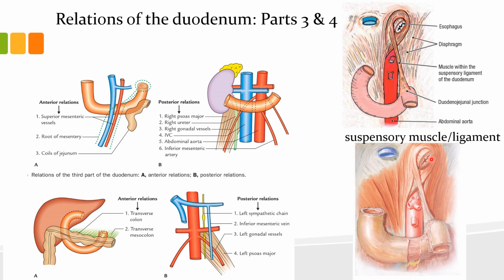This is known as the suspensory ligament of the duodenum, and in some people it contains muscle fibers, so we call it the suspensory muscle of the duodenum. It keeps this junction suspended by the diaphragm around the esophagus.